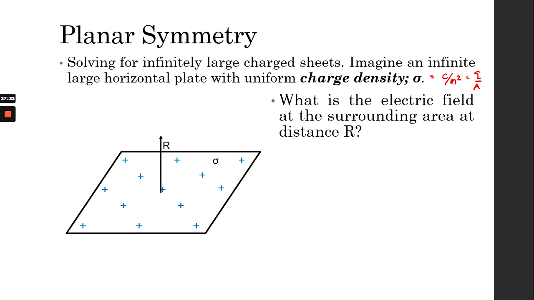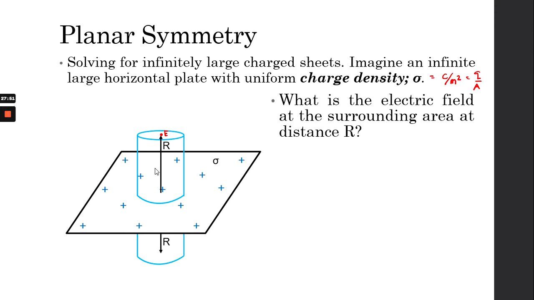So if I have this infinitely large sheet and I want to find the electric field at this point, at a distance r, in order for me to do that I have to create another type of symmetry, called the planar symmetry, and it looks like a cylinder.